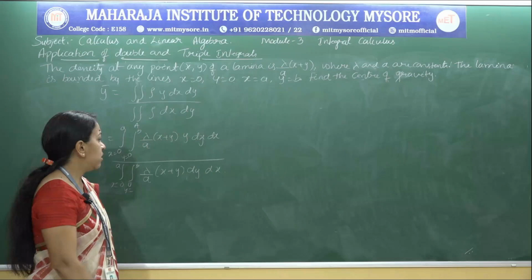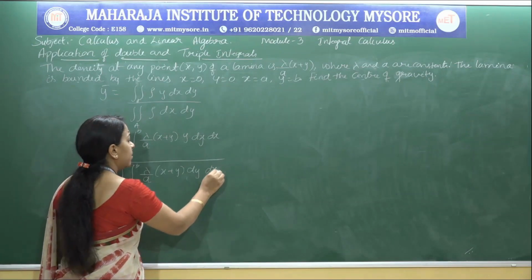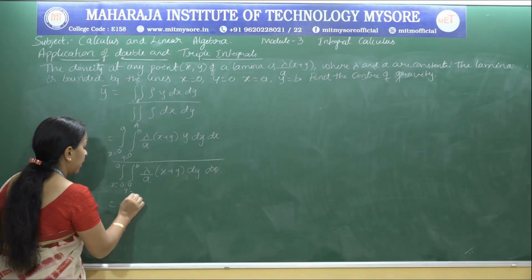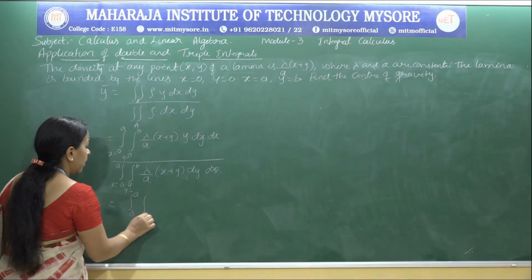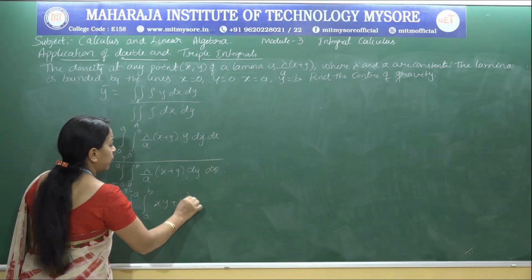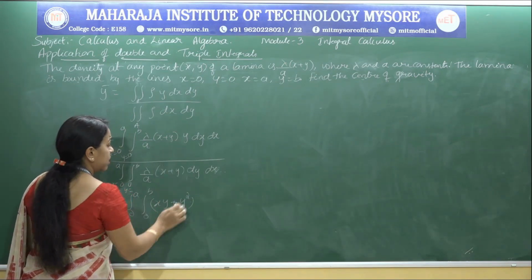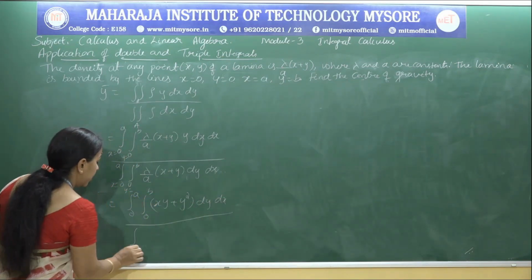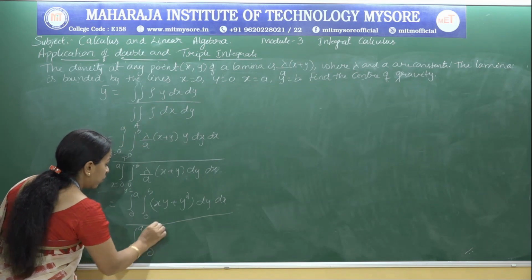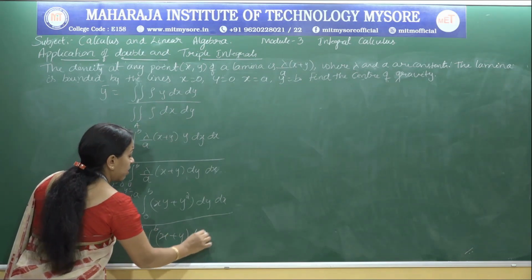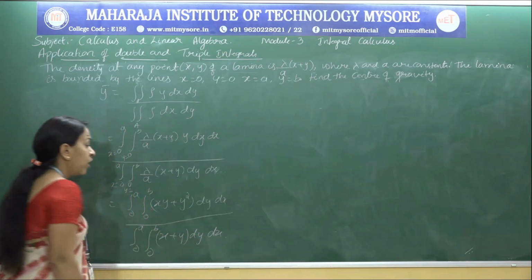Now again I can cancel lambda by a here, right, so that we remain with integral 0 to a, integral 0 to b, xy plus y into y square, dy dx, whole divided by integral 0 to a, 0 to b, (x plus y) dy then dx.